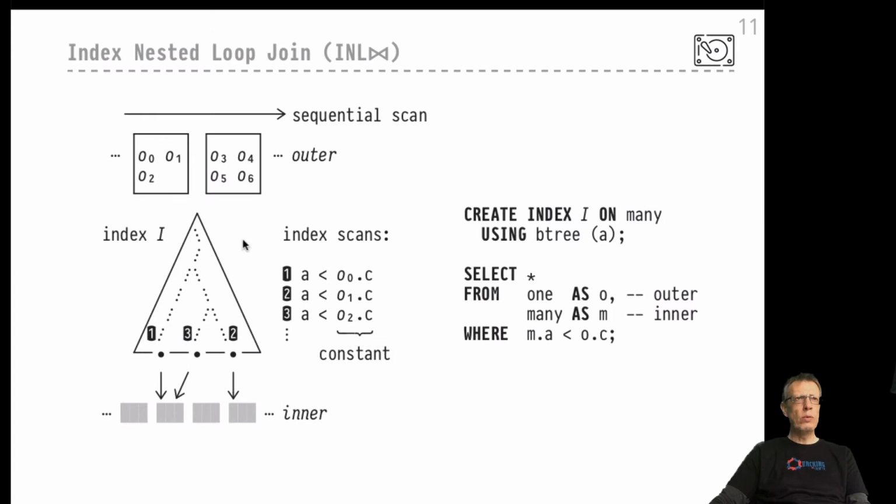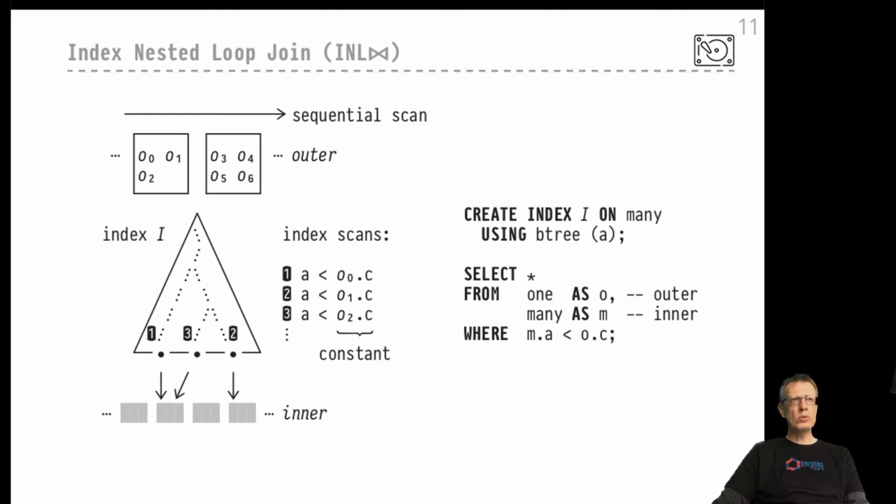Well, or we would just descend at the very left of the tree here and hit the sequence set at the beginning. So from the beginning of the sequence set, we would just scan the sequence set and would end the scan when we hit this particular point in our sequence set when the A values of the many table of the inner relation exceed O0.c.